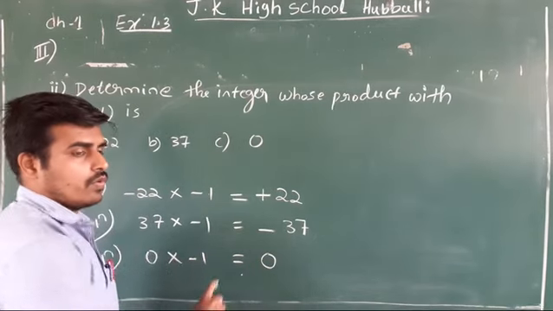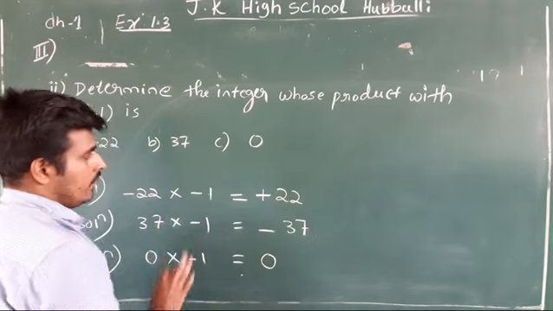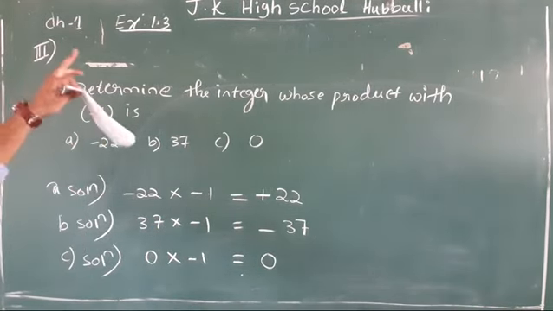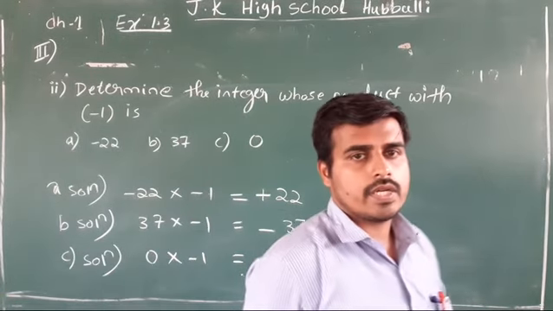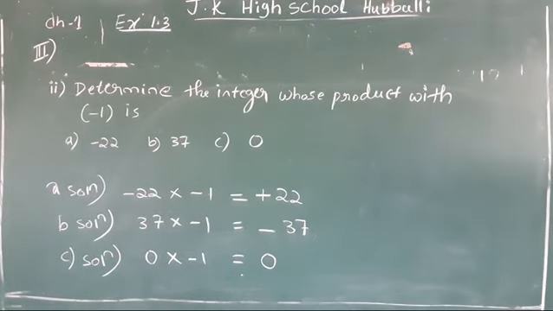And 0 doesn't have any sign. It is neither positive nor negative. This is the solution of the second part in the third main. Note down. Take a screenshot. Better you take a screenshot. That pic will be stored in a gallery. After finishing this video, you can write peacefully.